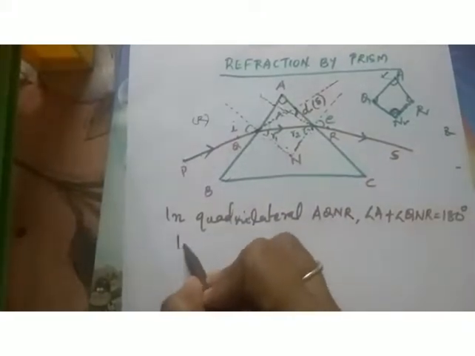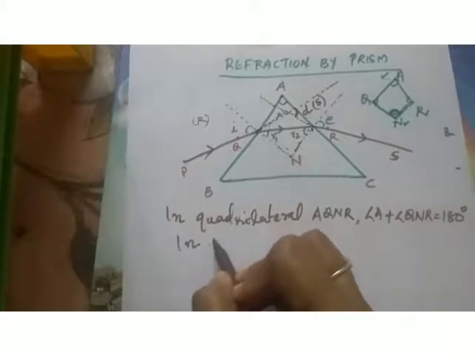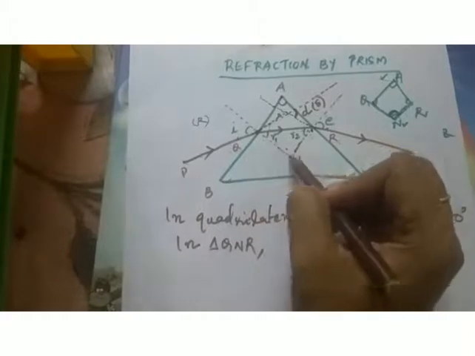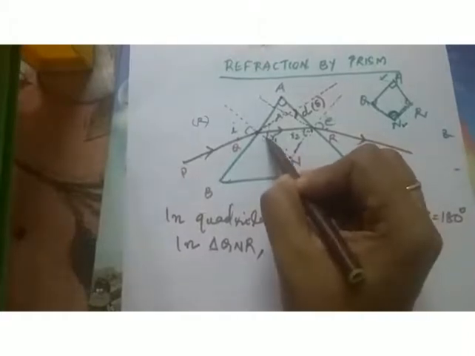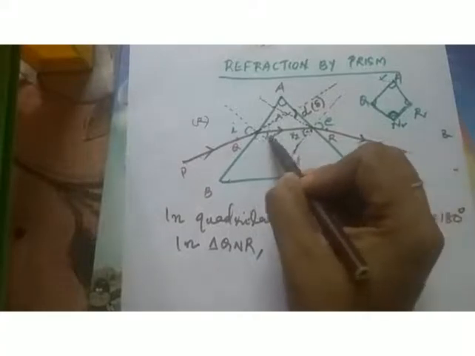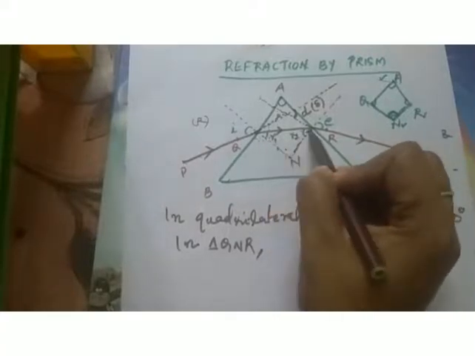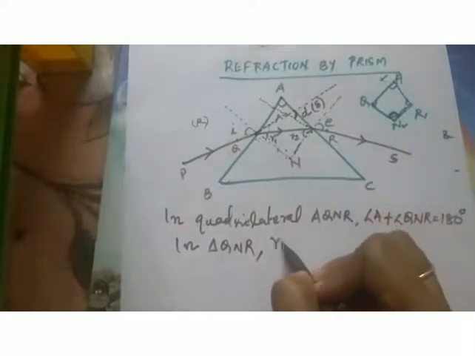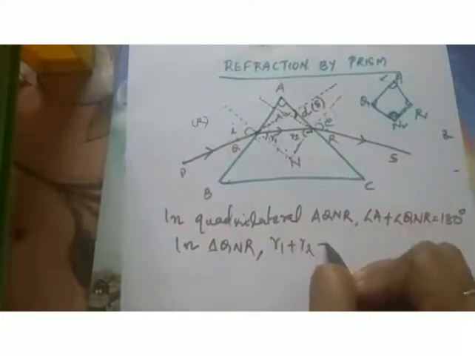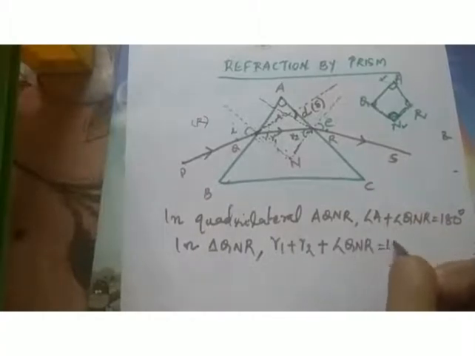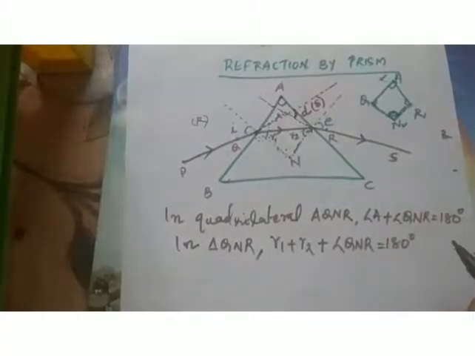So in triangle QNR, the sum of all angles: angle R1, R2, and another angle is angle QNR. So the sum of all these three angles will be 180 degrees. So R1 plus R2 plus angle QNR is equal to 180 degrees.